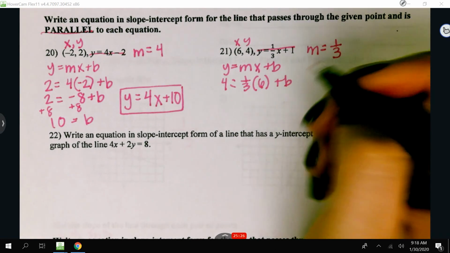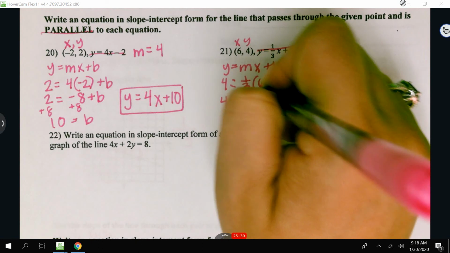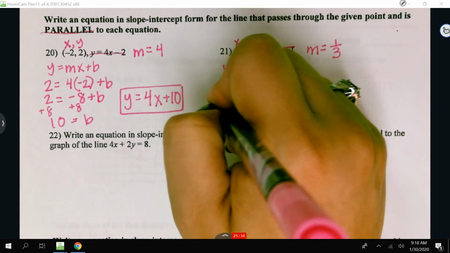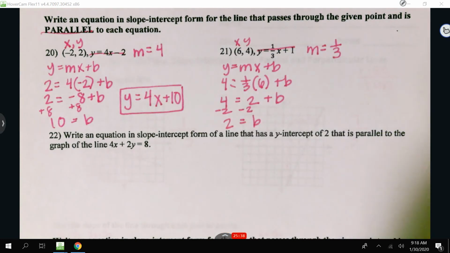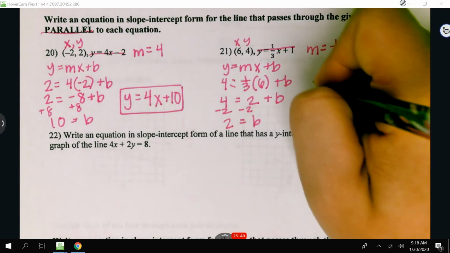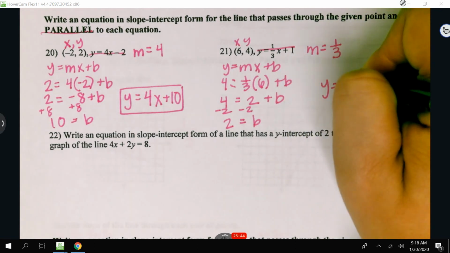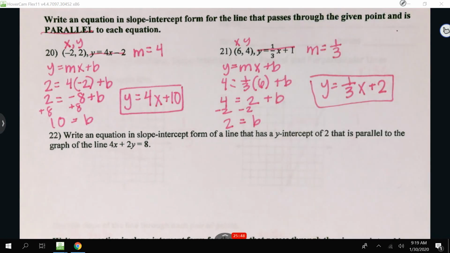So what is 1/3 times 6? 2. So 4 equals 2 plus b, and then minus 2 from both sides, and b equals 2. So what's my final equation? y equals 1/3 x plus 2. Nice. So that equation is parallel to the one given.